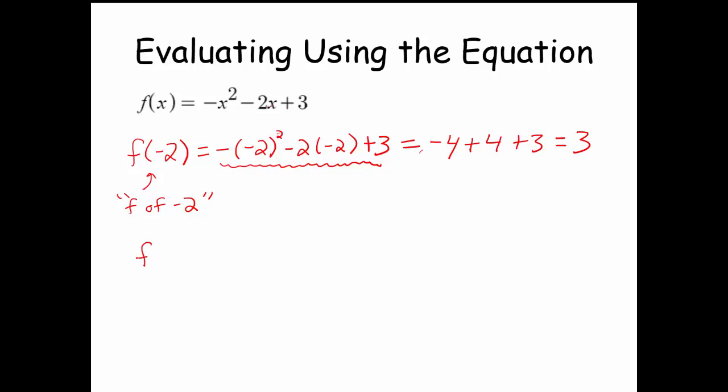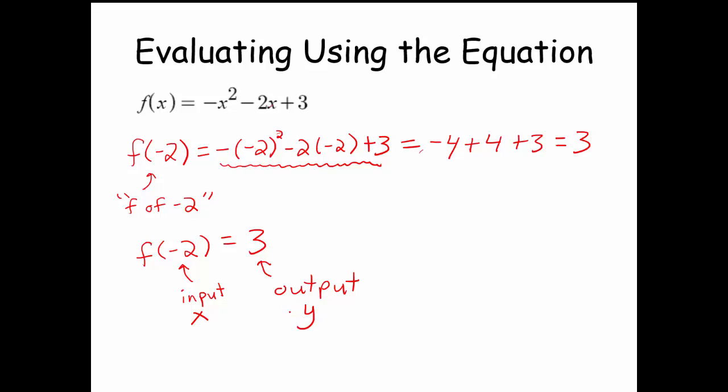So I can conclude that f of negative 2 is 3. That means when I input negative 2 into the function, 3 is the value that the function outputs. Negative 2 is the input, 3 is the output. Negative 2 is the x value, 3 is the y value.